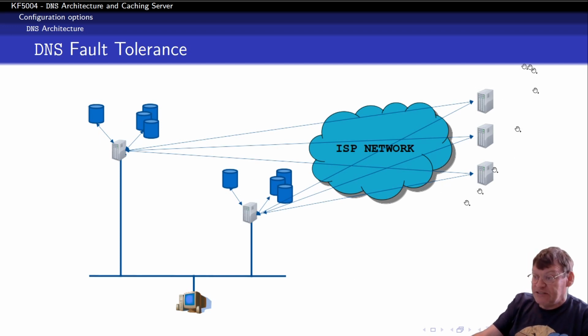On the internet, if we are linking our forwarders to multiple servers, any of these could go down. So the only way we could lose our DNS architecture working is if both of these secondaries go down, or all of these external servers go down, and the chances of any of that happening are very slim.